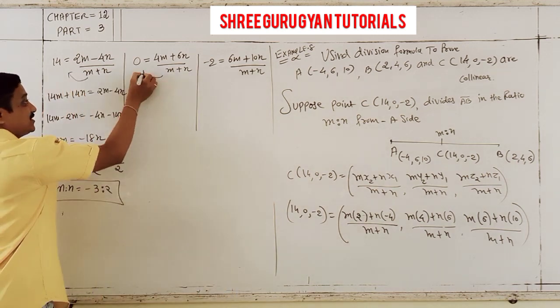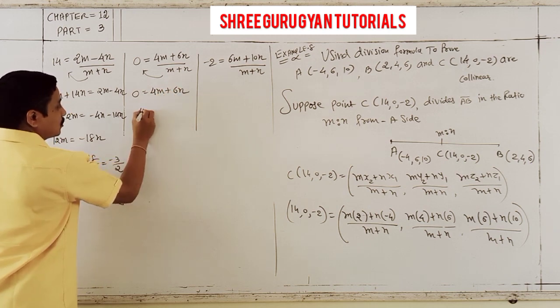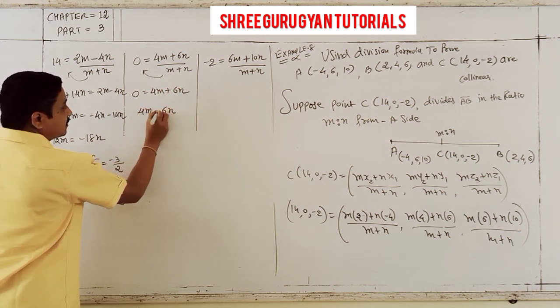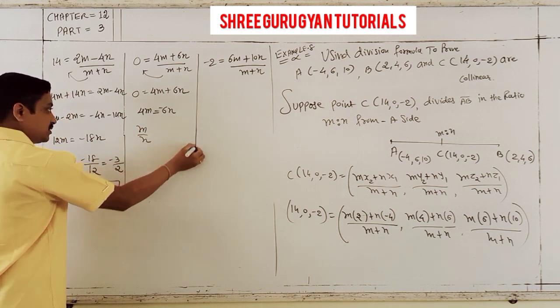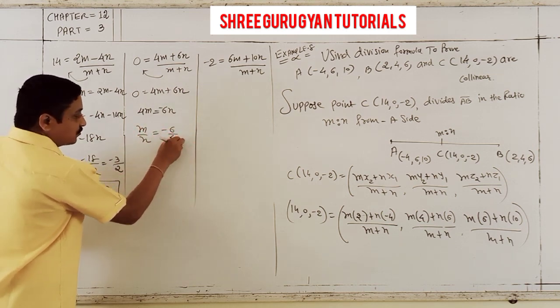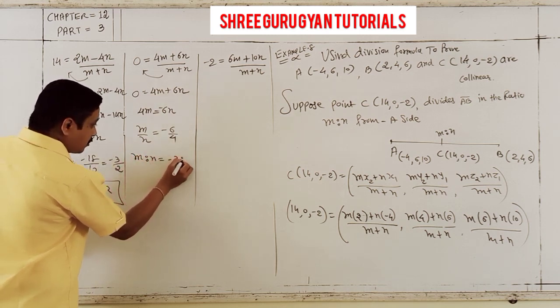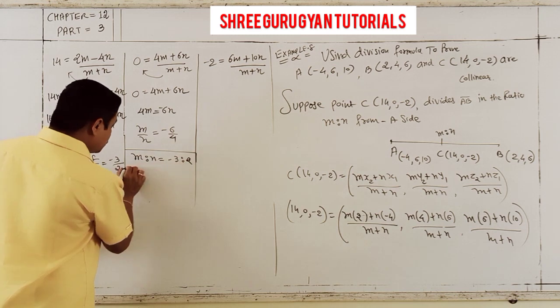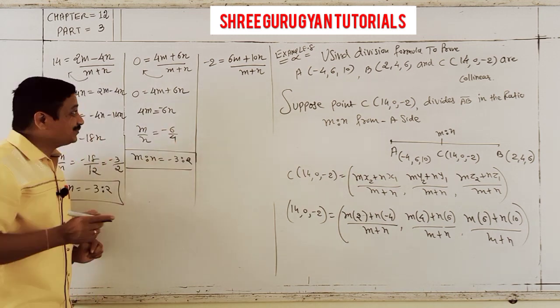Now second: the same, 0, cancel, 4m plus 6n. So 4m equals minus 6n. So m:n is minus 6 by 4. So what is the m:n ratio here again? Minus 3 by 2. You also check whether all three answers come out the same.